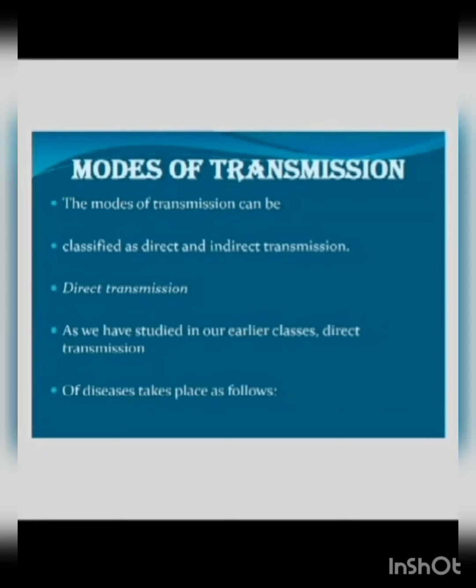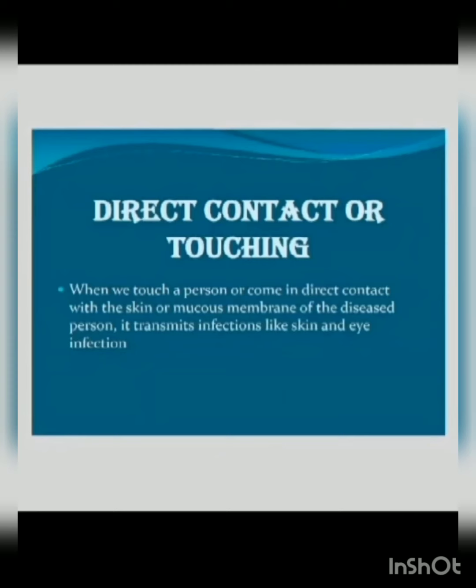Points on the classification: for example, bacteria cause typhoid, cholera and tuberculosis. Viruses cause common cold, influenza, HIV infection and dengue. Fungi also cause fungal infections of the nails, groin, skin and hair, right?